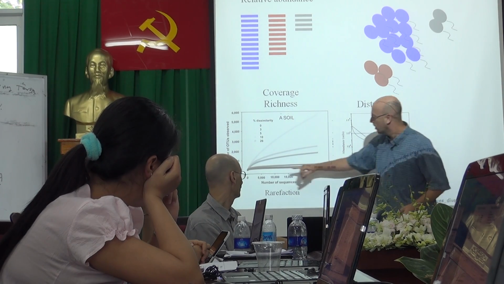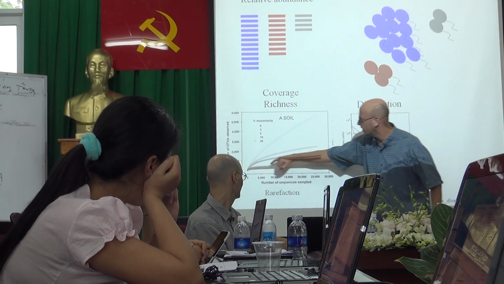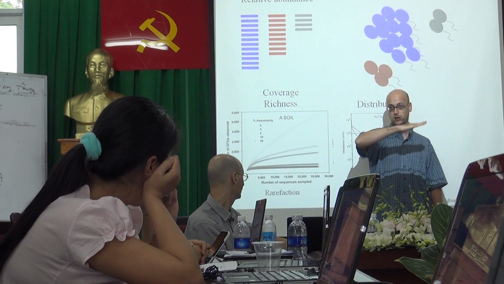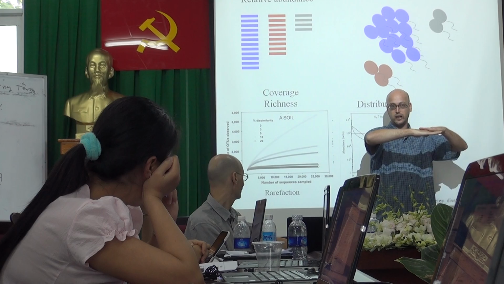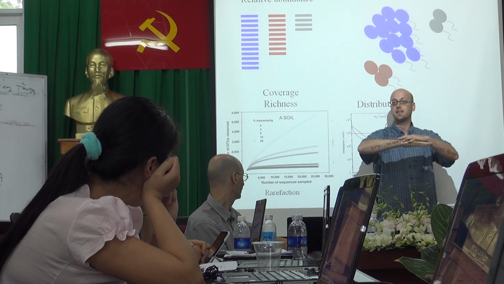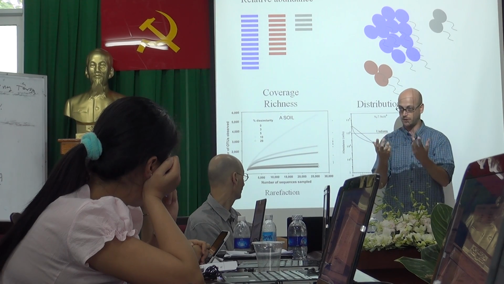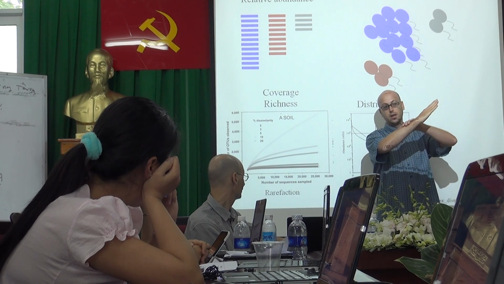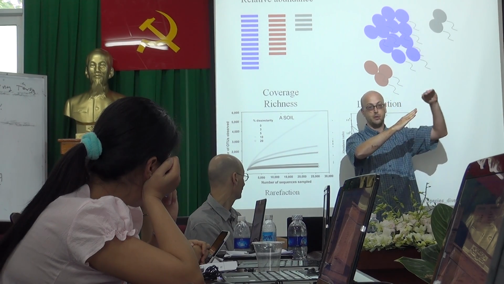Yes. So, what is important here is the slope of the line. If the line is very flat, that means that I have the true diversity. If the line is very sloped, that means that I need to spend more money.